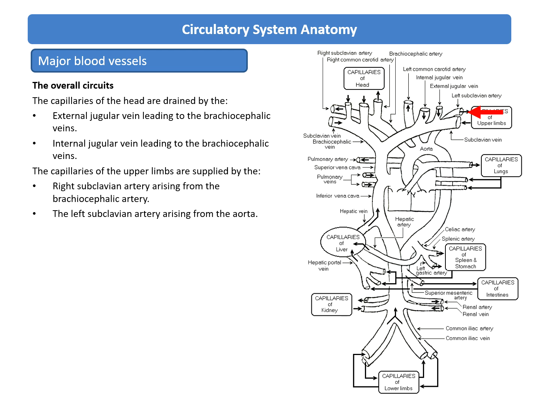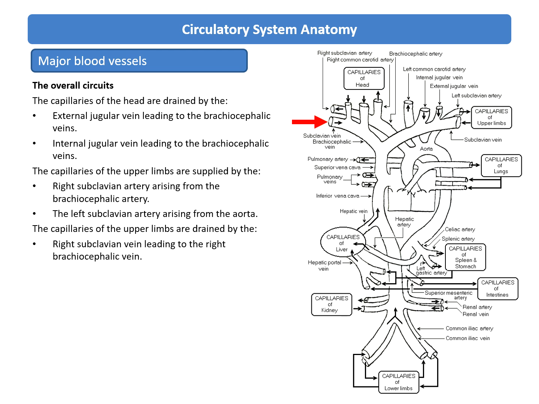One is brachiocephalic, one is left common carotid, and the third is the left subclavian. The capillaries of the upper limbs are drained by the right subclavian vein leading to the right brachiocephalic vein, the left subclavian vein leading to the left brachiocephalic vein.